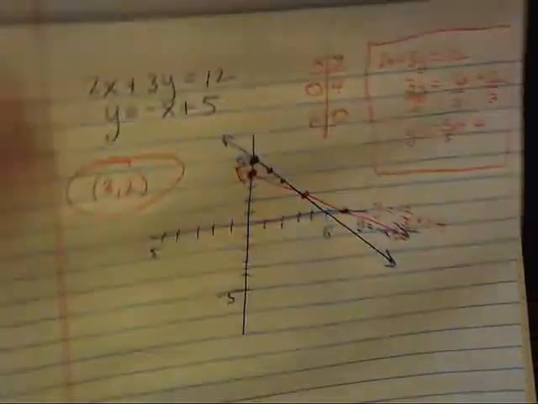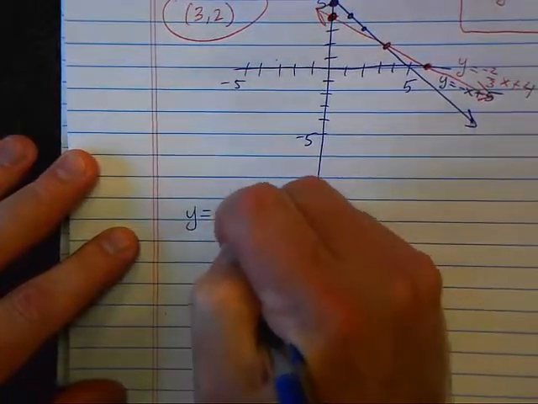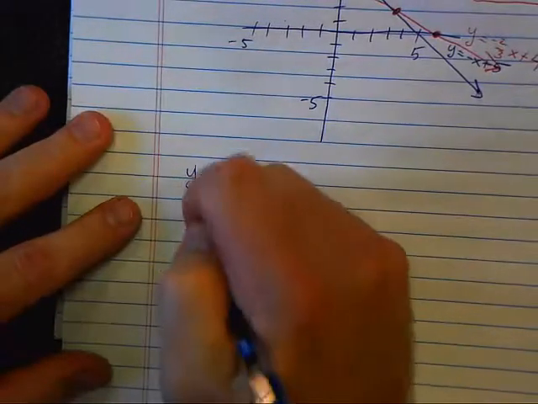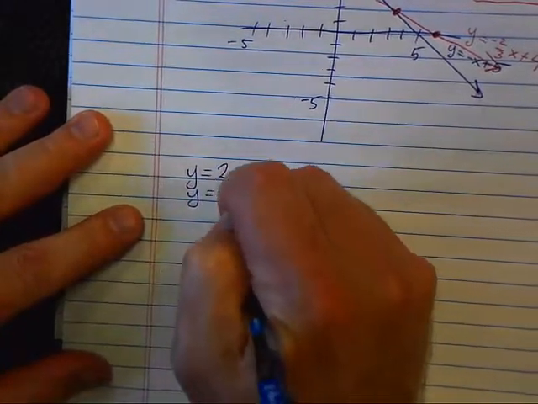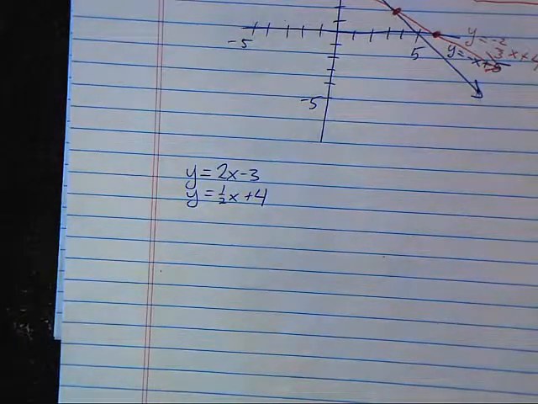All right, let's go back to that one I had a minute ago. Let's see if we can figure that one out. That one that had a fraction in it. Let's see, it was y equals 2x minus 3. And the other one had a 1/2 in it. Y equals 1/2 x plus 4. We know for sure they have to cross because they have different slopes.